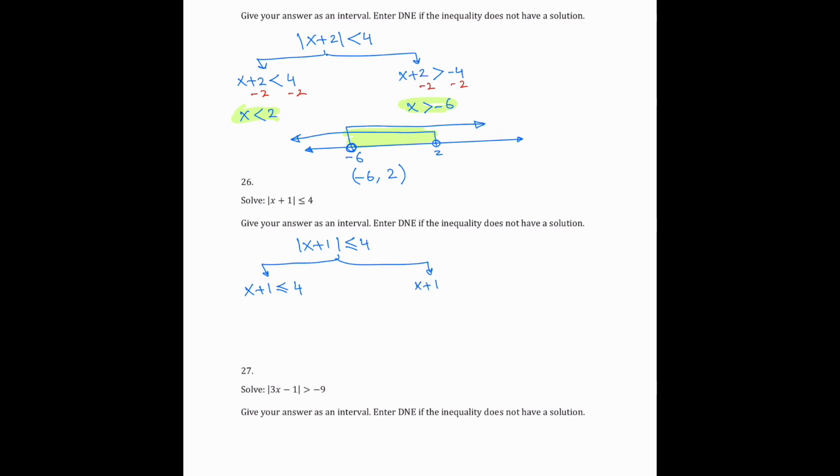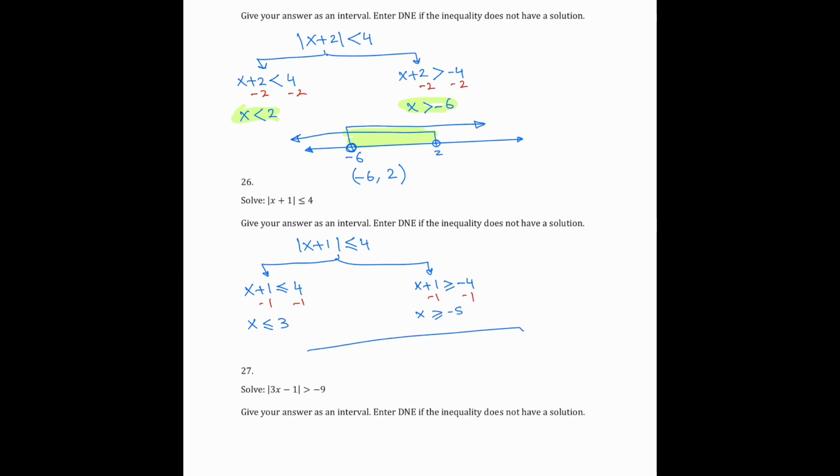For the other one, x plus 1, flip the sign, and change the sign of 4 to negative 4. Now we're going to subtract 1 from both sides of the inequality, both of them. So we're going to end up with x is less than or equal to 3, and x is greater than or equal to negative 5.